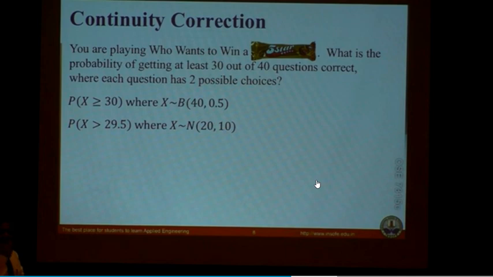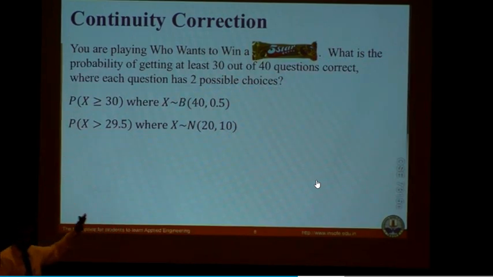So 29.5 minus 20, you are already telling me 9.5. That takes me some time to get there. So 29.5 minus 20 divided by square root of 10. Then I look up my table, or I do my pnorm, 1 minus pnorm of 29.5, which is the value I am interested in, comma, 20, comma, square root of 10.